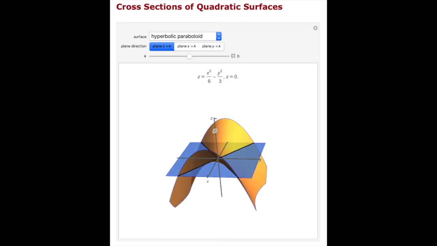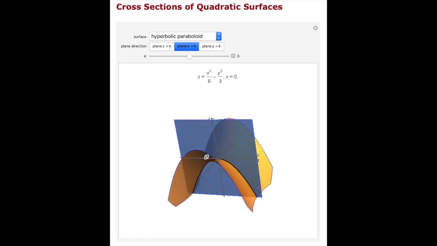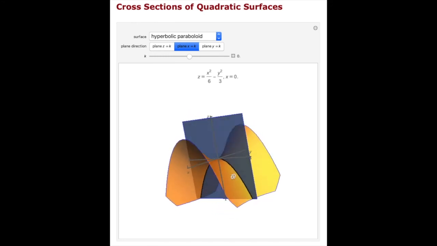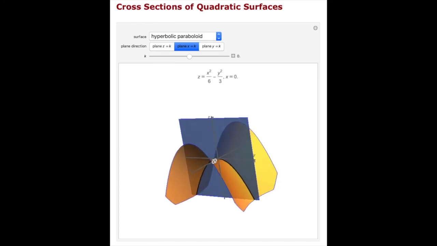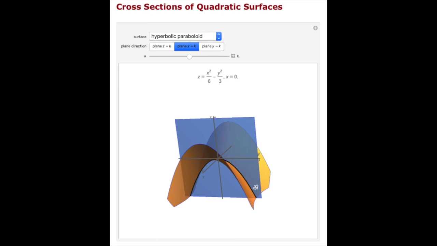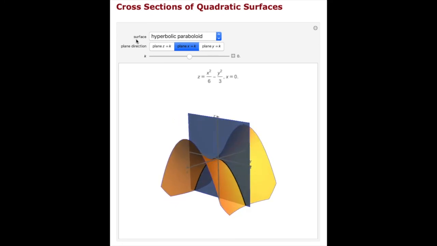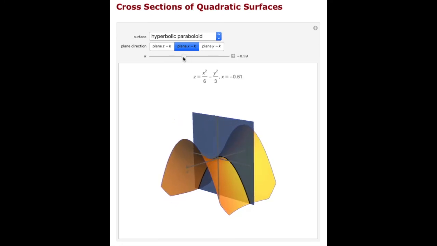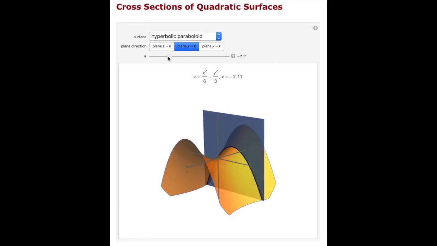If we switch to planes that are parallel to the yz plane, so planes x equals k, and we take a look at the same thing for different values of k, here we can see the trace, the curve of intersection of the hyperbolic paraboloid with these planes.